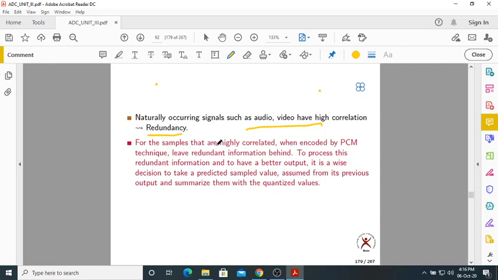Redundancy is something like unnecessarily transmitted signals. Redundant means they are not that necessary to transmit. Even though you don't transmit them, there won't be much loss. That is the meaning of redundancy.